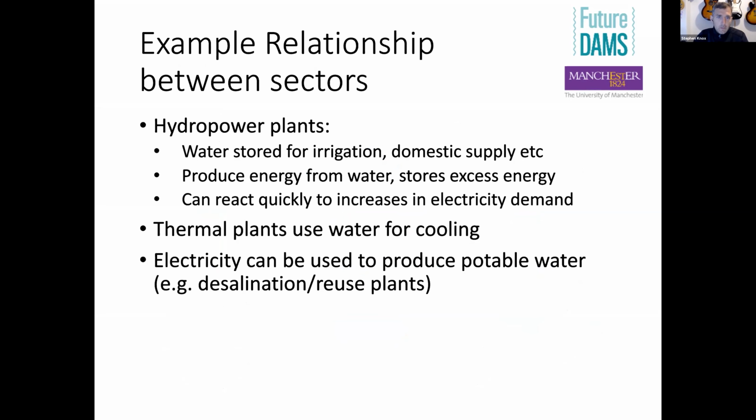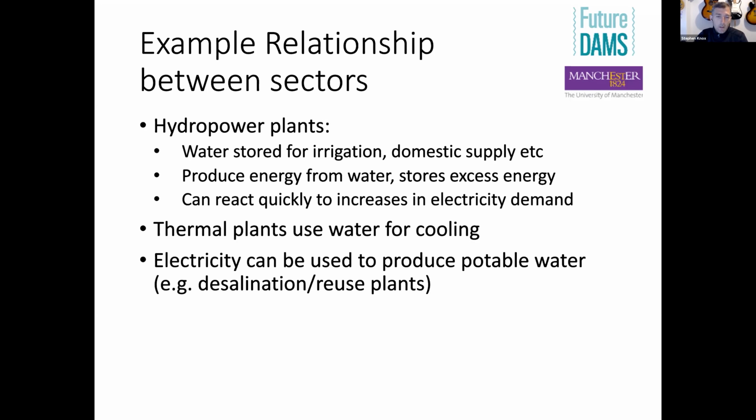One example here is hydropower plants. Hydropower plants store water for irrigation, and anyone who knows anything about water is very comfortable with that. But one thing we're less comfortable with in the water sector is how the energy produced from hydropower plants is used. From an energy point of view, it's very important to understand how energy can be produced quickly from hydropower plants, because that's one of their big advantages.